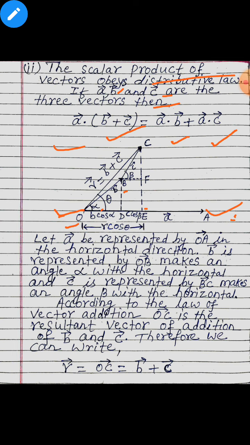And C is represented by BC, this BC represents the C vector, which makes an angle beta with the horizontal. Now, according to the law of vector addition, this OC vector is the resultant vector of addition of B vector and C vector. Therefore, we can write this R vector equal to OC vector equal to B vector plus C vector.